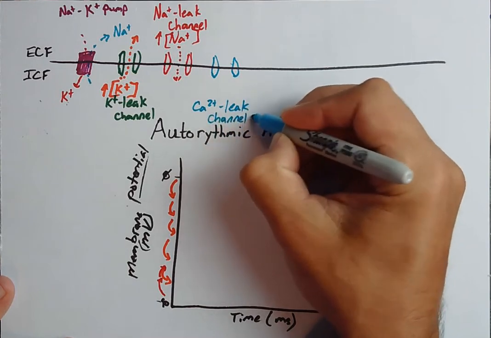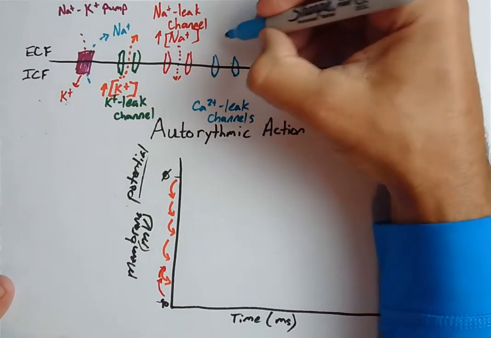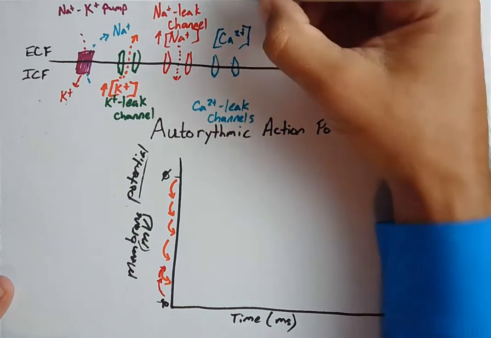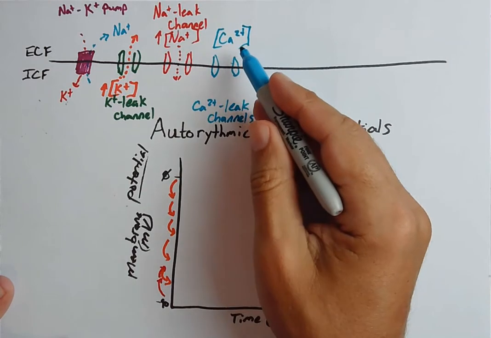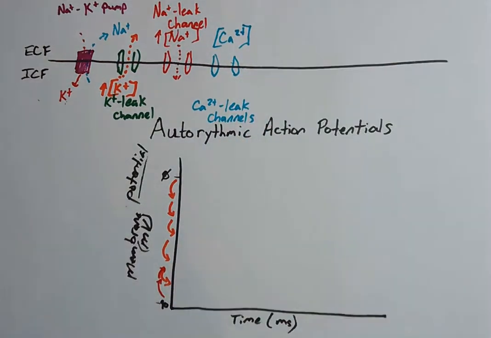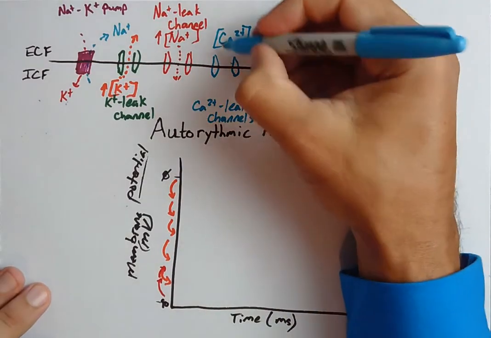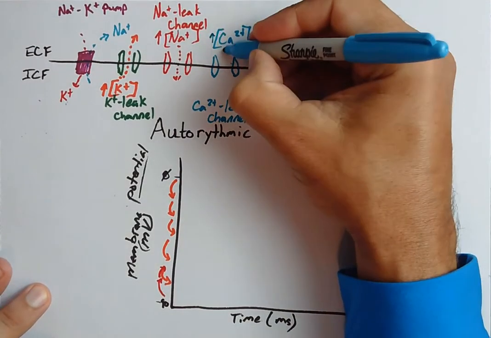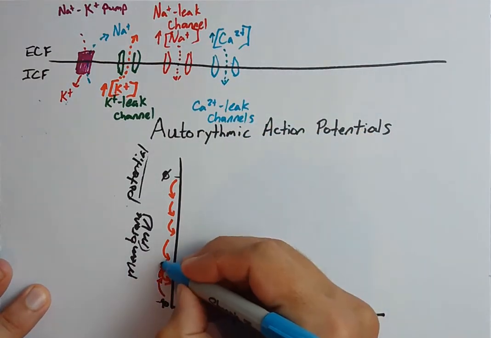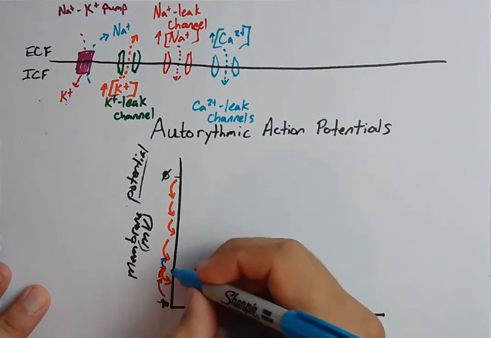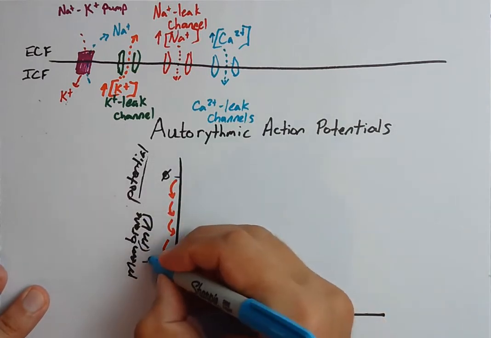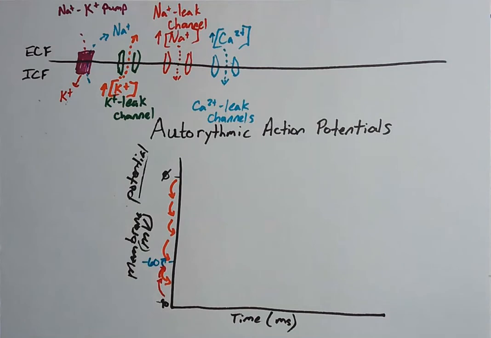Calcium has a higher concentration outside of the cell relative to the inside of the cell. By the way, that's going to be created by a calcium pump. You will learn more about that in a later lecture. And therefore, calcium is going to be leaking into the cell through calcium leak channels. And what this does is bring the resting membrane potential up to its final value. In an autorhythmic cell, it's approximately negative 60 millivolts.